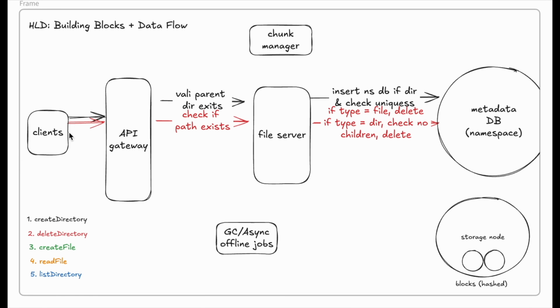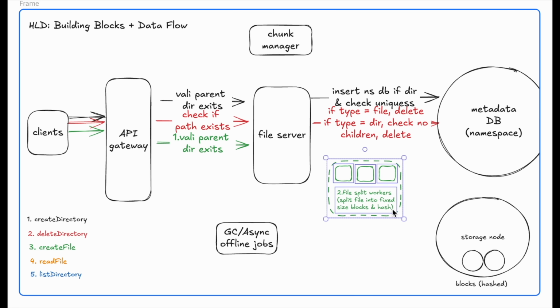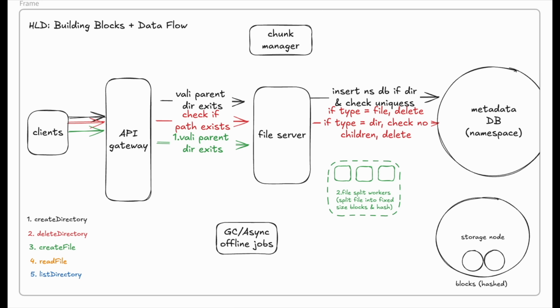Create file. When creating a new file, the file service handles multiple responsibilities. First, it validates that the target path is not already occupied and that the parent directory exists. Then, the file content is broken down into fixed-size blocks, typically 64 megabytes each.